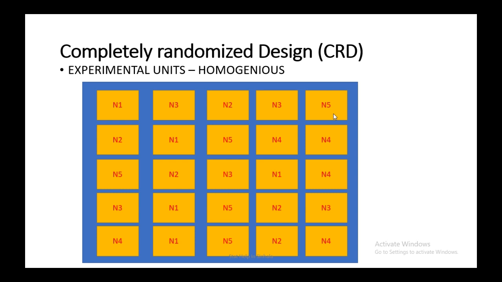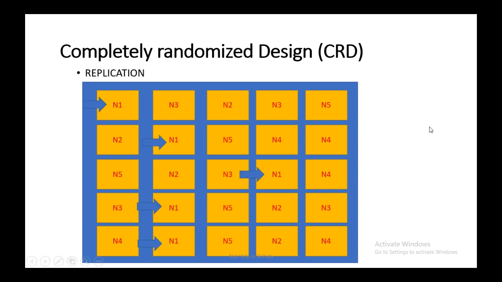In the previous example, the harvest from each plot was only affected by treatment, or type of fertilizer, other than the random error. In such situations, we can apply completely randomized design.